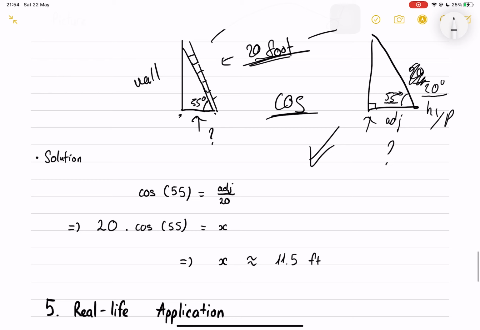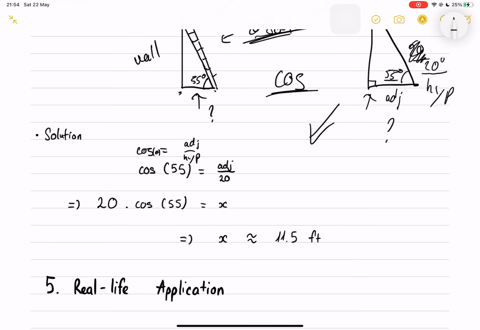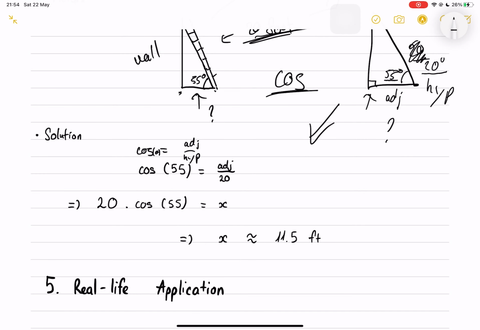So we use the cosine formula of this. Cosine of angle equals adjacent divided by hypotenuse. So just plug in the numbers and we get cosine of 55 equals adjacent over 20. 20 is the hypotenuse. So we will need to find the adjacent, which I appropriately named x.